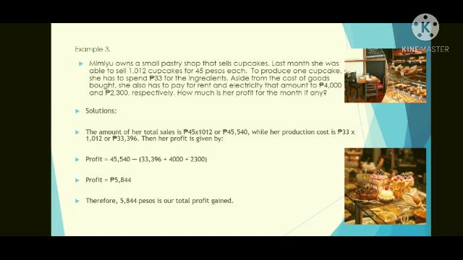That is the number of cupcakes times the amount for each cupcake. So 45 times 1,012 will give us the value of 45,540 pesos. So that is already our revenue.